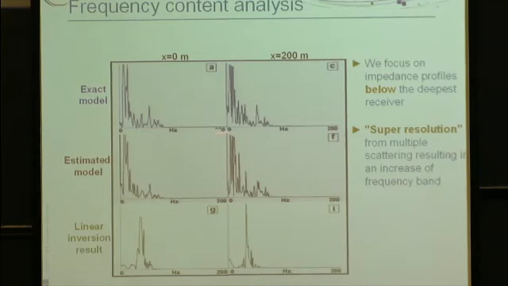Here you have the frequency content at the well and 200 meters from the well for the exact model, the estimated one, and the results obtained by migration. It's not very clear, but we cannot retrieve the low frequencies below 10 Hertz. What is very interesting is the bandwidth that we retrieve, which is a quantification of the resolution.